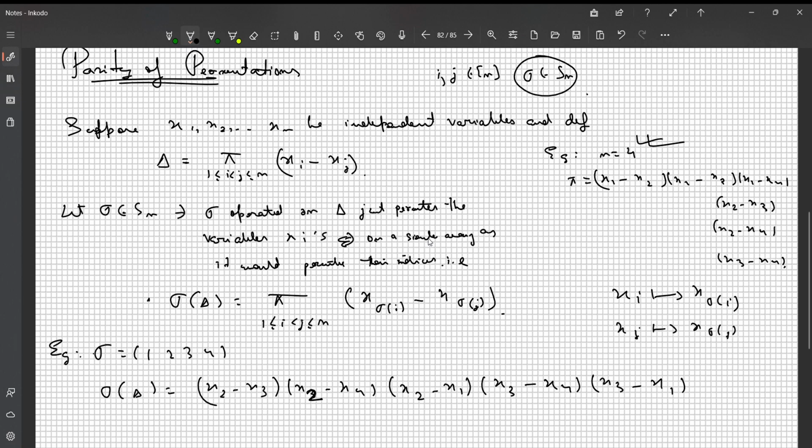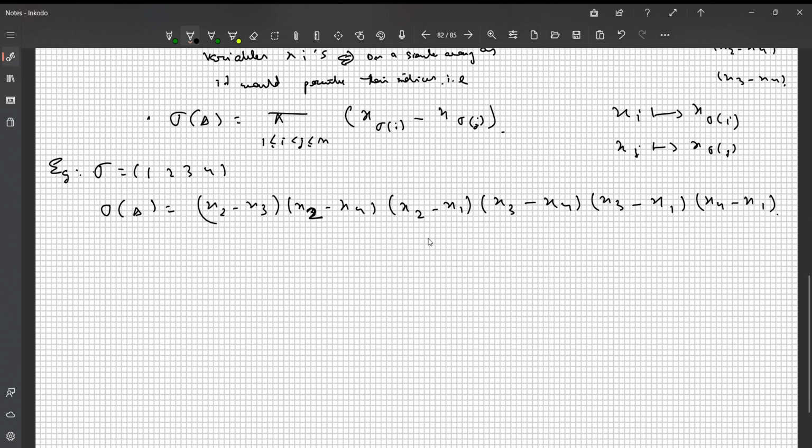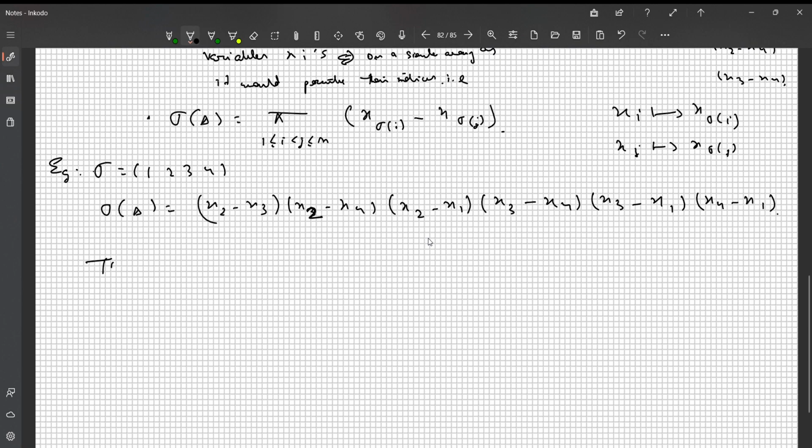So it becomes x2 minus x4. This becomes x2 minus x1. Then you have x2 minus x3. So 2 goes to 3. So this becomes x3 minus x4. And this becomes x3 minus x1. And the last element, so 3 goes to 4. So this becomes x4. And 4 goes to 1. So this becomes x1. Got it?